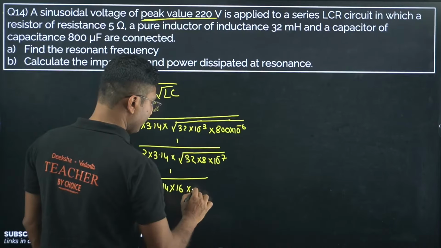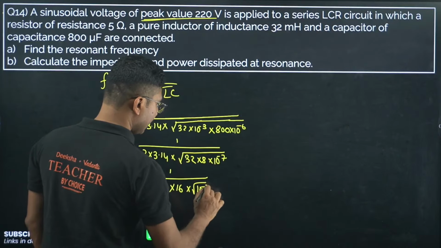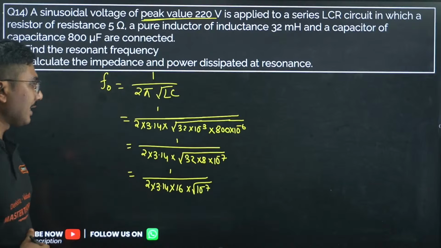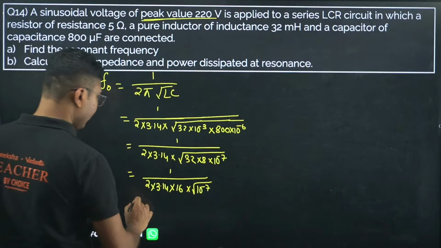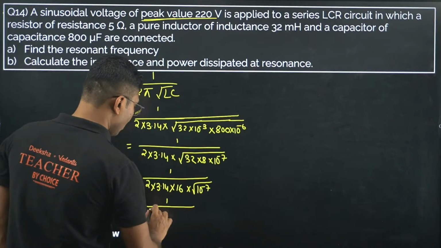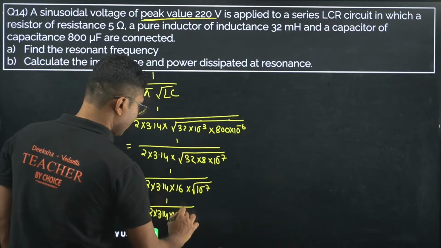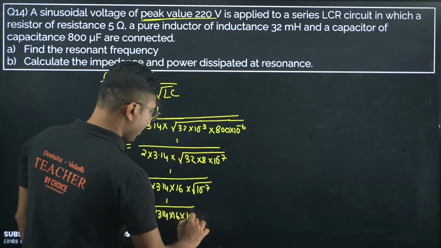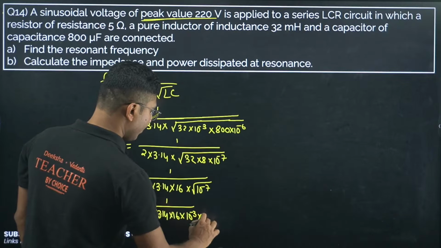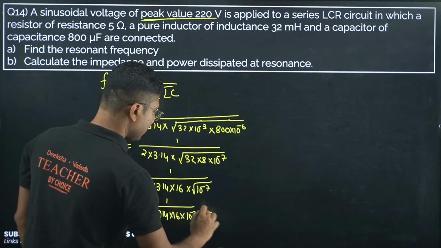And we have square root of 10 to the power of minus 7. Now square root of 10 to the power of minus 7 can be tricky, so we will simplify this. 2 into 3.14 into 16 into 10 to the power of minus 3 into square root of 10 to the power of minus 1.